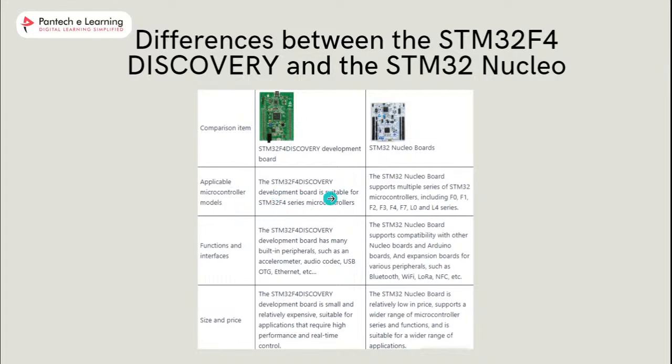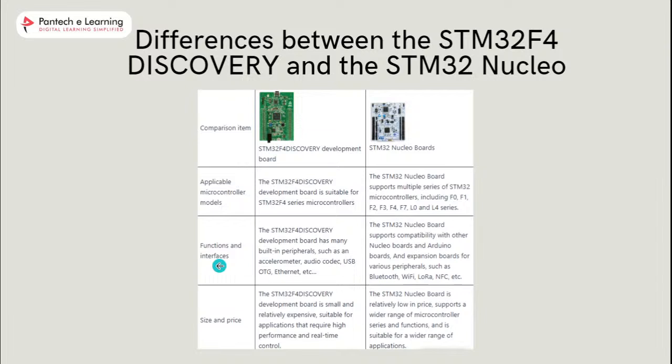The STM32 F4 Discovery development board is suitable for STM32 F4 series microcontrollers only. You have to note it down. And coming to the Nucleo board, it is suitable for F0, F1, F2, F3, F4, F7, L0 and L4 series. Here we are going to use the F4 series, right?